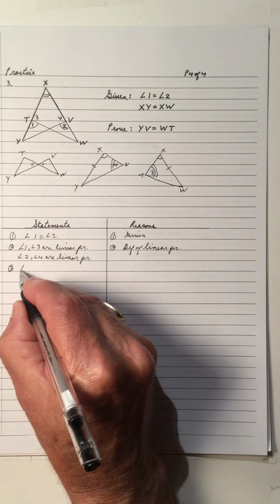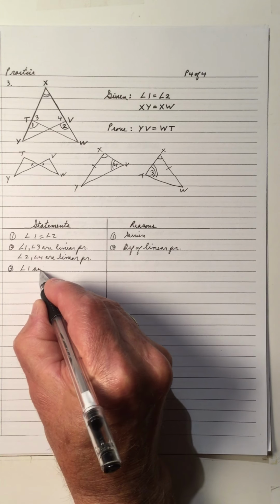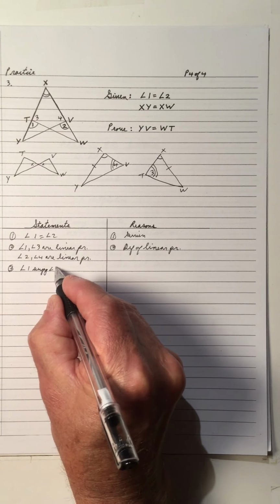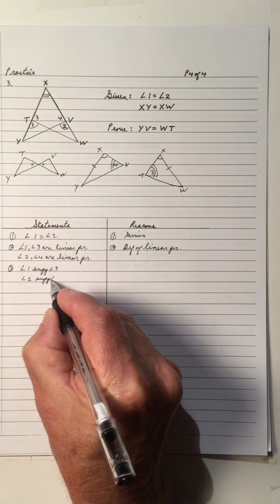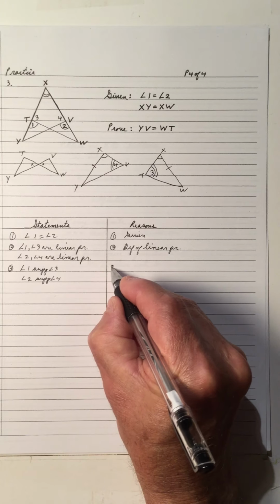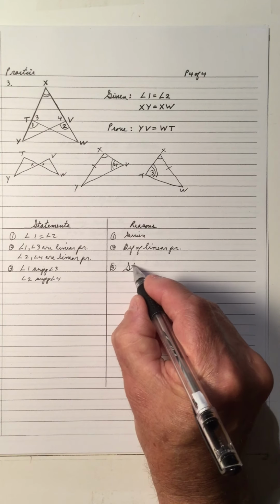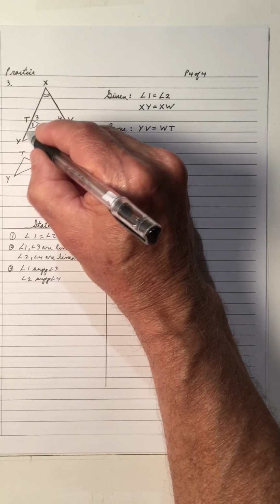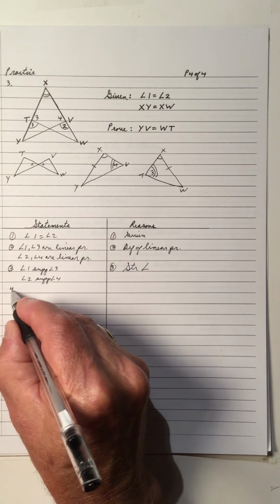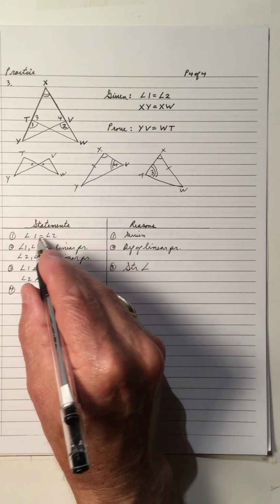And as a result, angle 1 is supplementary to angle 3. Angle 2 is supplementary to angle 4. And the reason is we have a straight angle. There's a straight angle here, 180 degrees, that are supplementary. Notice that 1 equals 2.